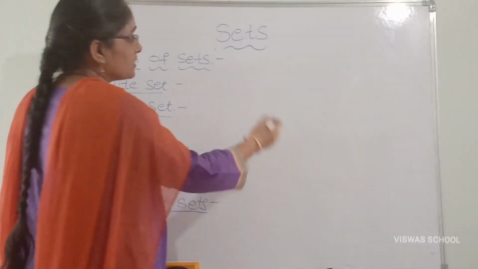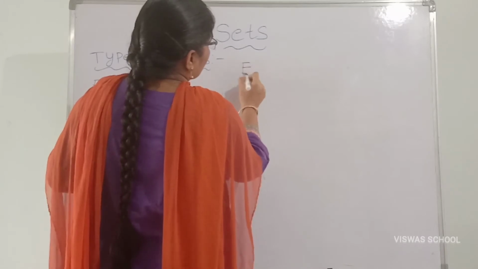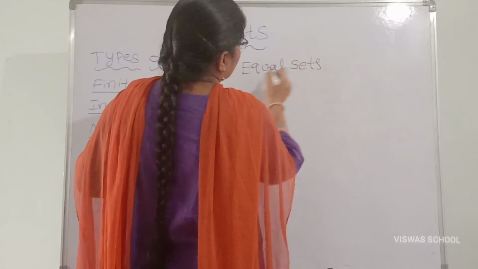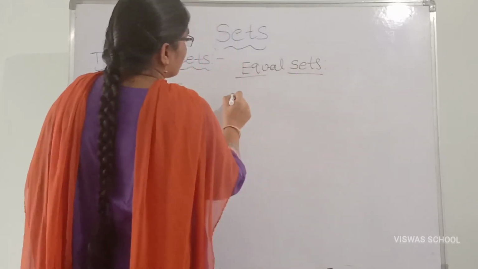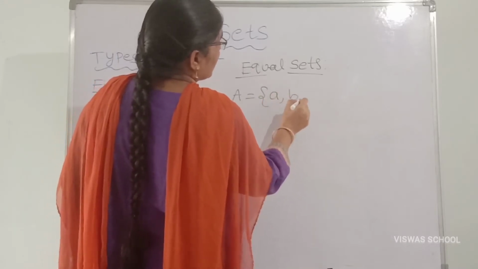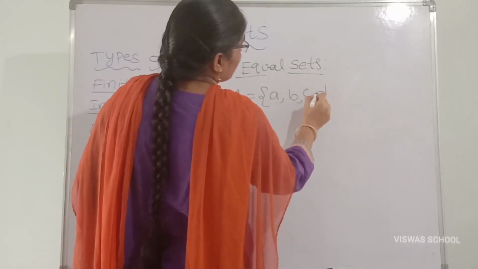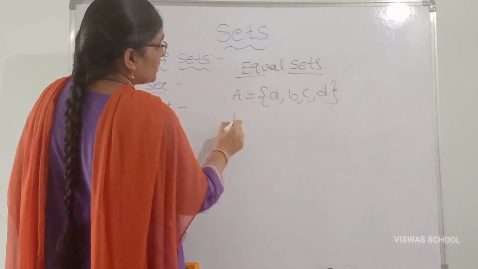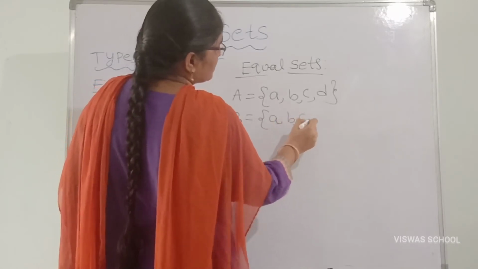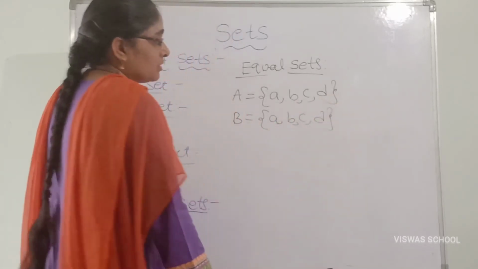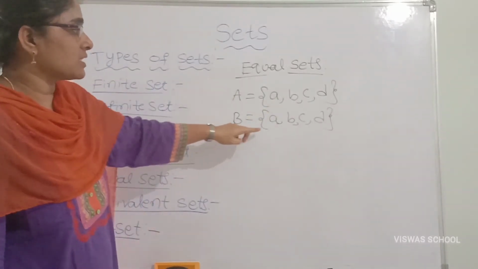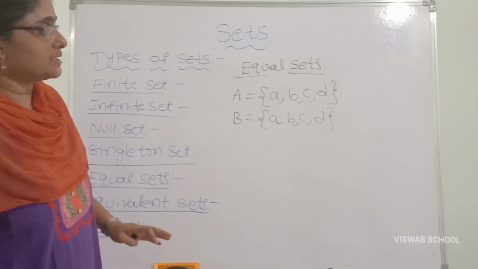Next one is equal sets. Here A equals A, B, C, D, and B equals also A, B, C, D. Here set A is containing A, B, C, D elements, and set B is also containing A, B, C and D elements only.